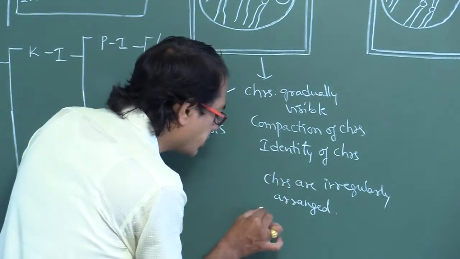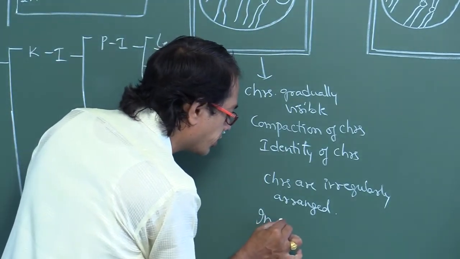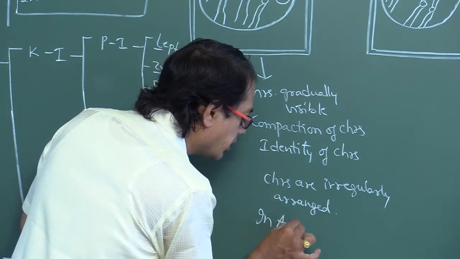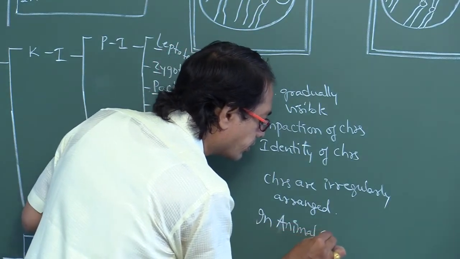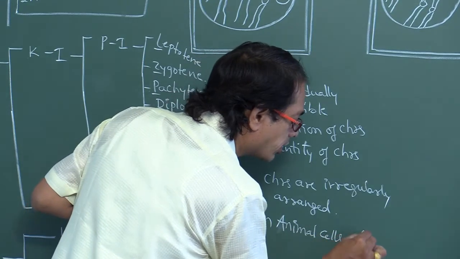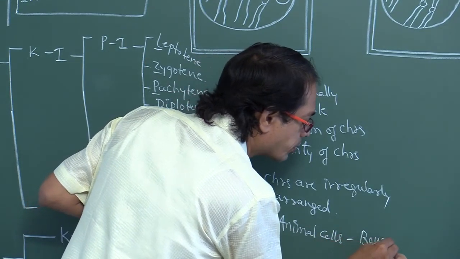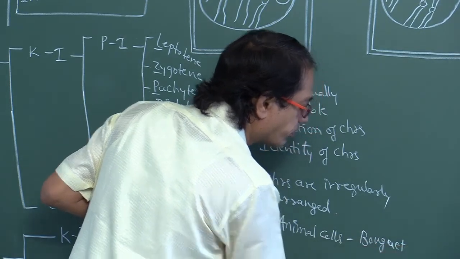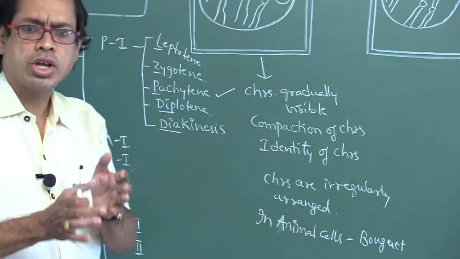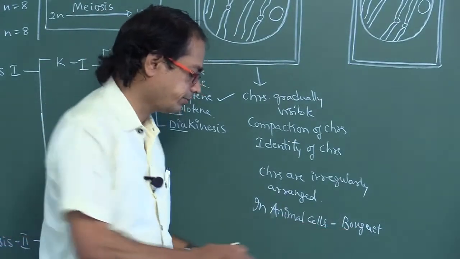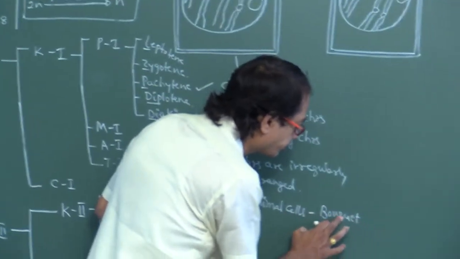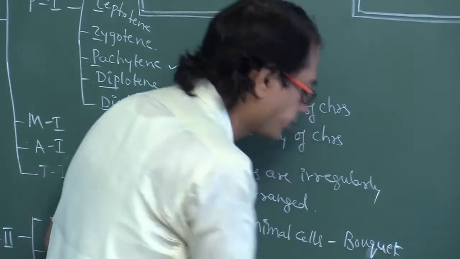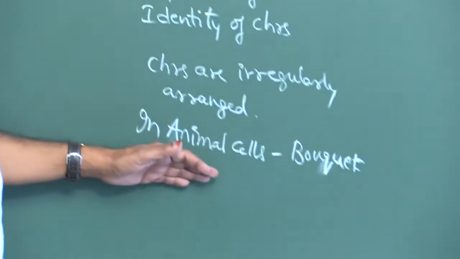But in animal cells, in some cases, these chromosomes are arranged in the form of a bouquet.